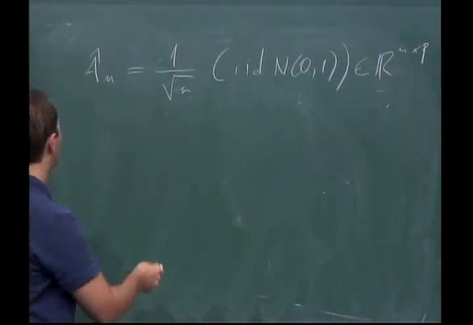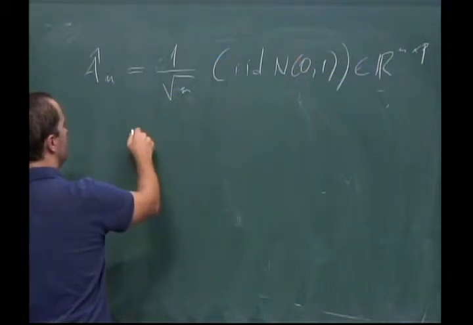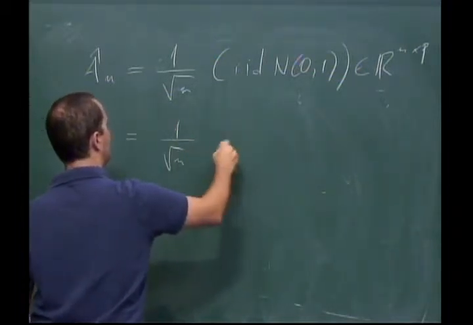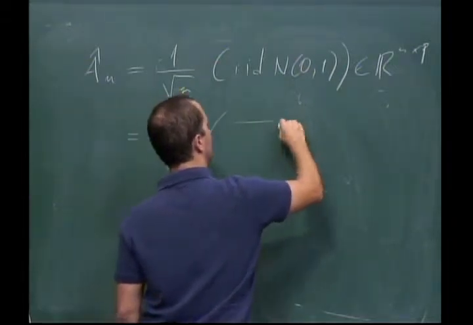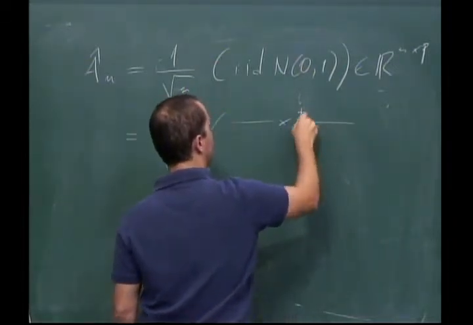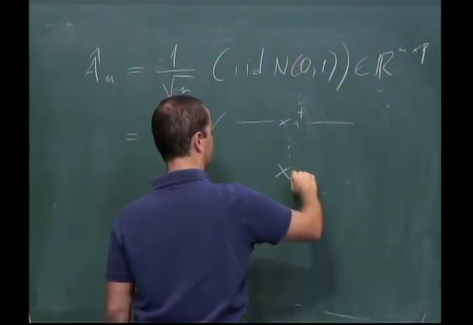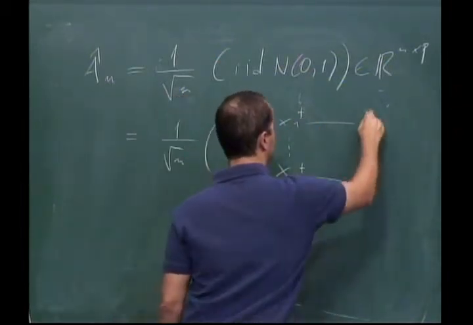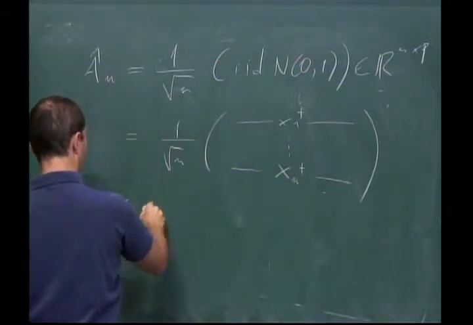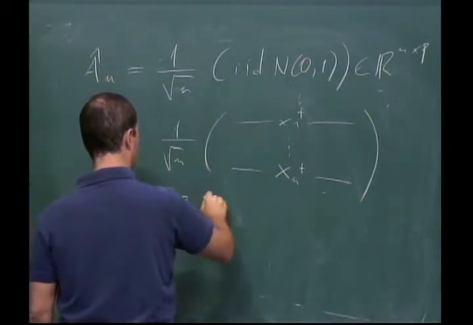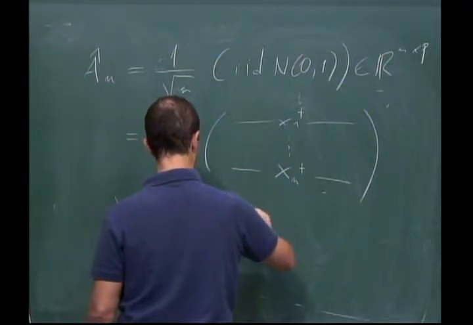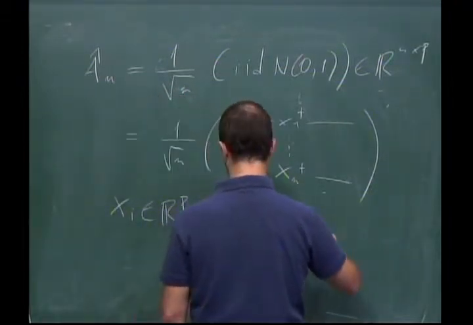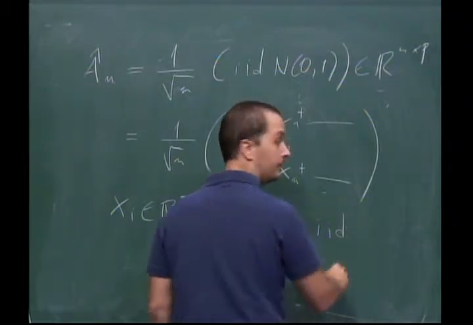Right? Well, there's a different way to write this matrix. It's just to say that this is a matrix of the form 1 over square root of n with row vectors here. So this is why they're transposed. And these vectors belong to R^p and are standard normal vectors in R^p, and they are IID.